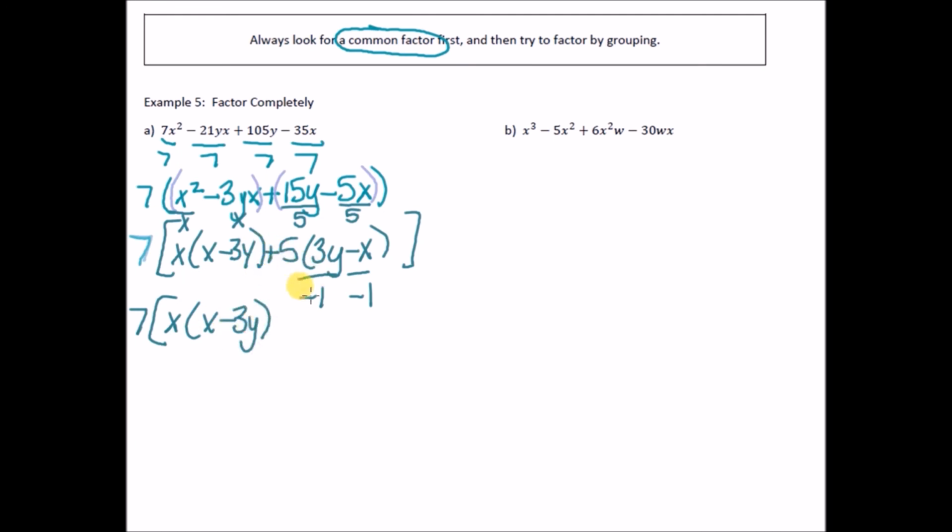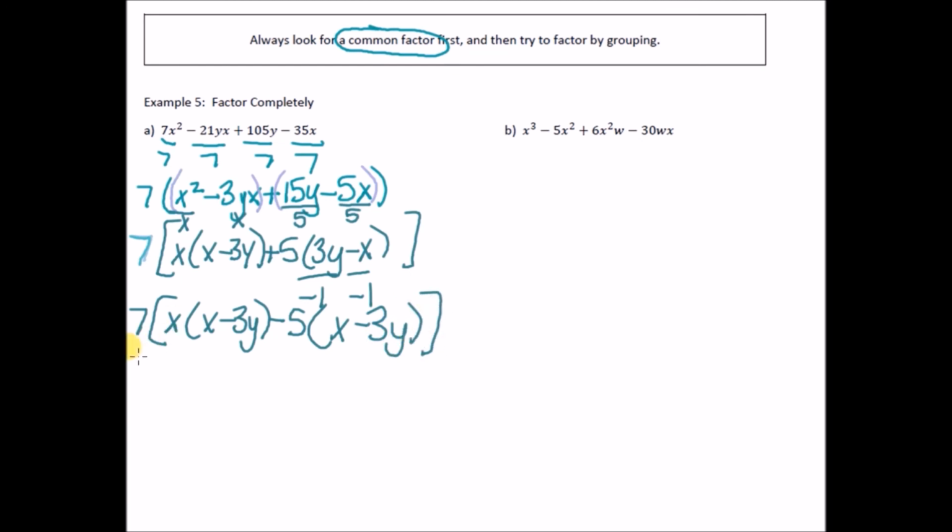And then now we had a factor of 5, but now we also have a factor of negative 1. So we can skip the step and just put in negative 5. And this changes to minus 3y plus x, but I'm going to rewrite it as this factor, x minus 3y, same thing.